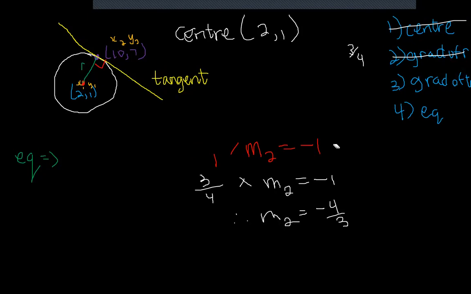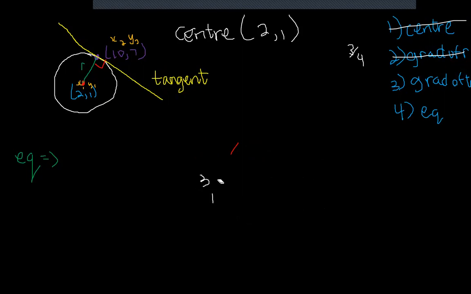Right. -4 over 3. Can anybody who finished tell me what you got for the equation? Anybody got what the equation was? Miss, I'm not sure, but is it y equals -4/3x plus 61/3?